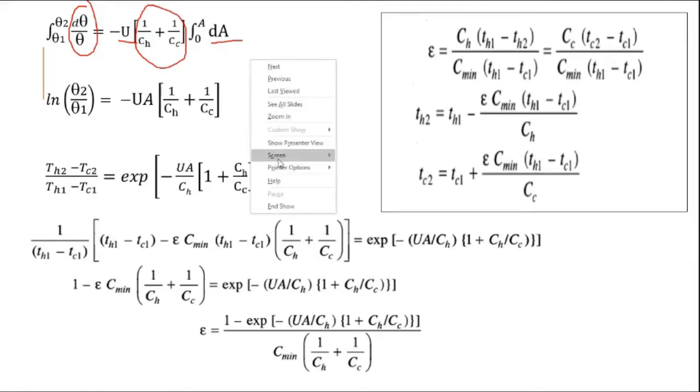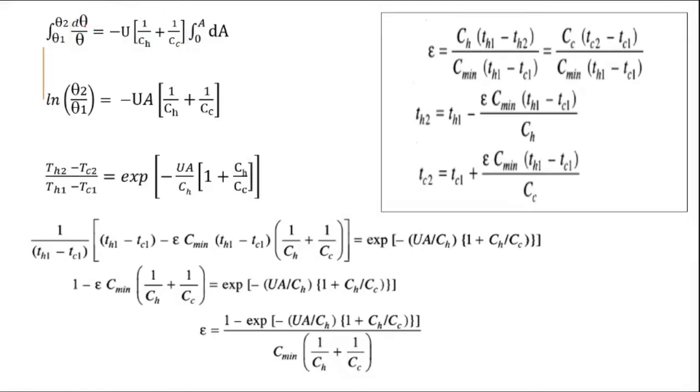Integrate both sides. The limit for theta will be from theta 1 to theta 2. U is a constant term, and 1 by C_h and 1 by C_c are constant terms, so they are taken outside the integral. The limit for area is from 0 to capital A. So again, the same step that we did for the previous derivation.